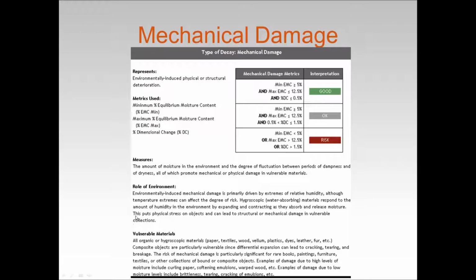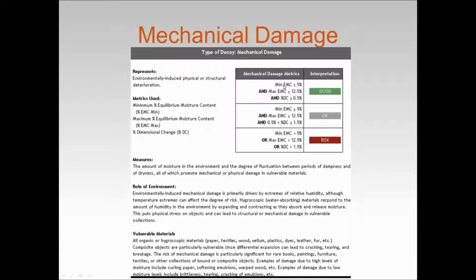And what happens here is mostly the kinds of fluctuations are going to be important. So this mechanical damage is being measured against the rates of fluctuation in the data set.